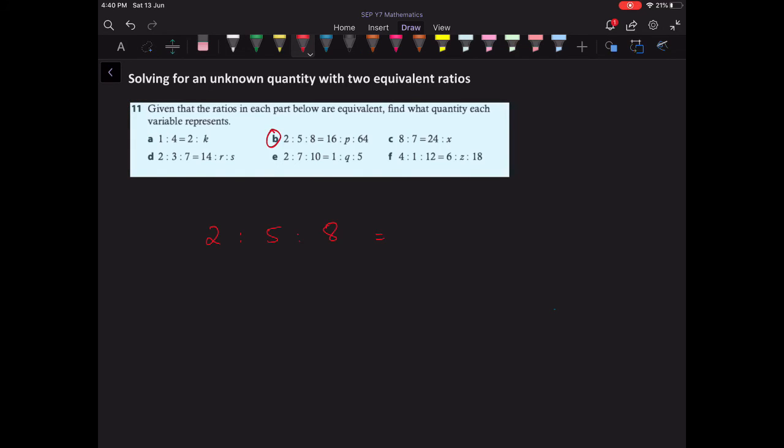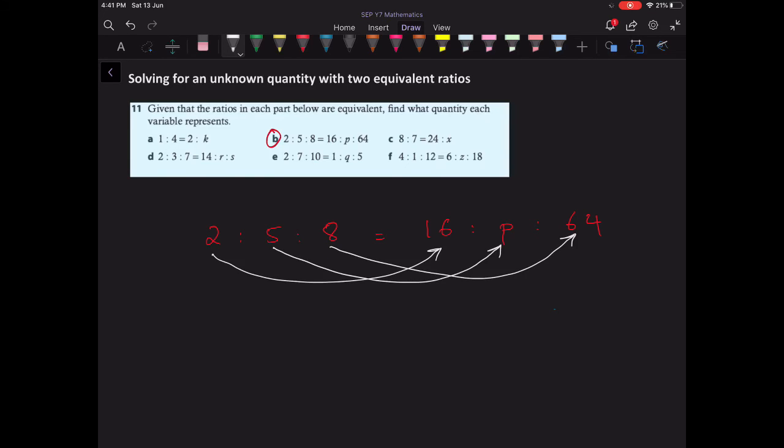In this case, however, we cannot convert the equations into fractions since we have 3 terms. In this case, we would solve for the value of p by comparison. We can see that 2 corresponds to 16, 5 to p, and 8 to 64. Since both the ratios are equivalent, we can also make them equal by multiplying a certain number to the left-hand side of the equation.